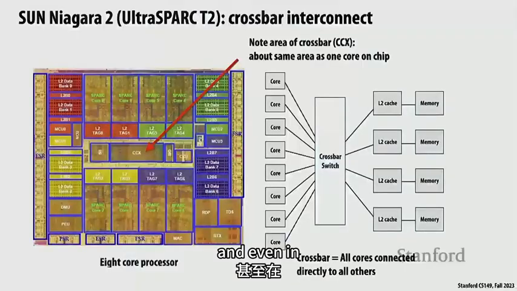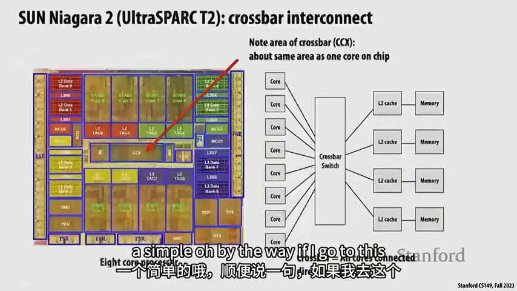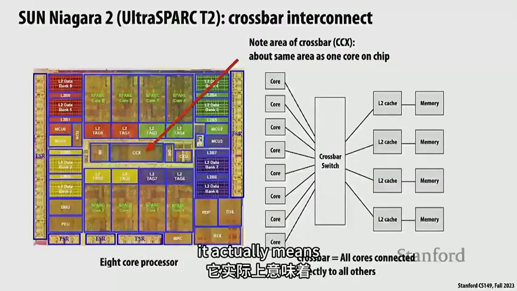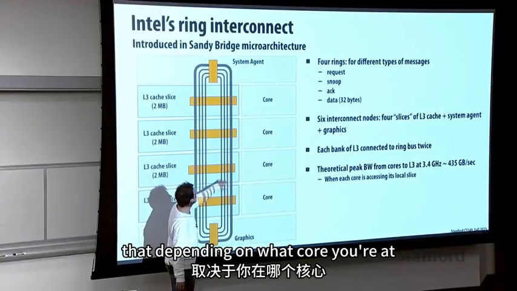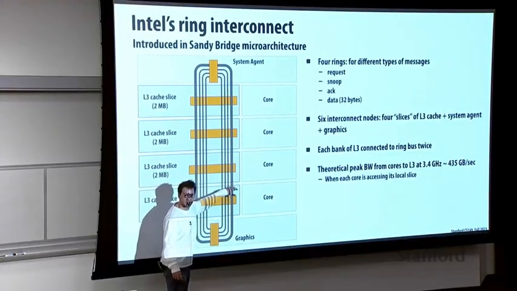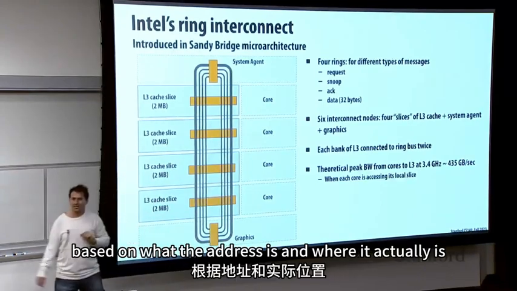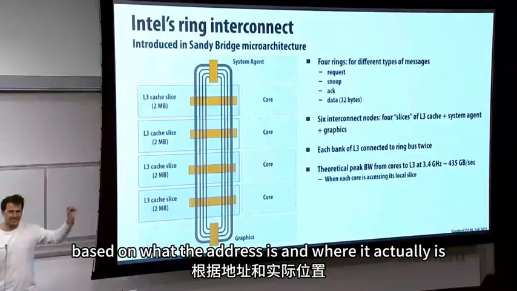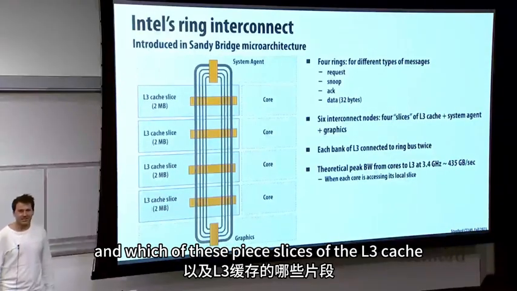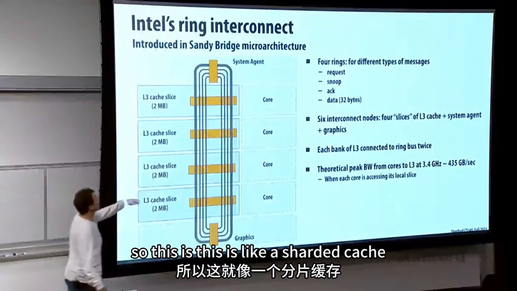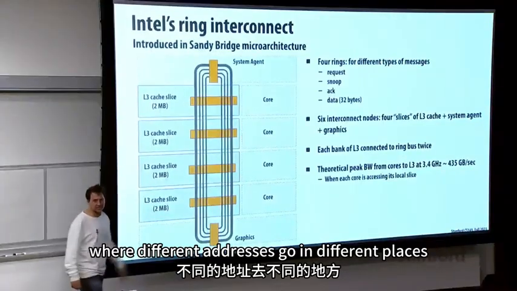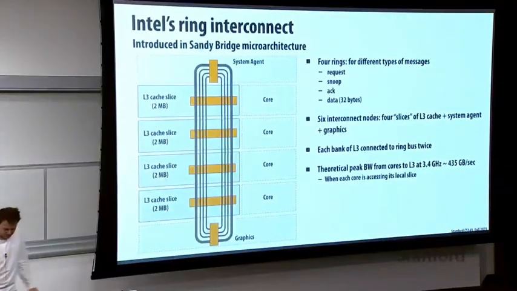And even in a simple, oh, by the way, if I go to this, it actually means that depending on what core you're at, an L3 cache can actually be a different cost based on what the address is and where it actually is and which of these slices of the L3 cache. So this is like a sharded cache where different addresses go in different places.